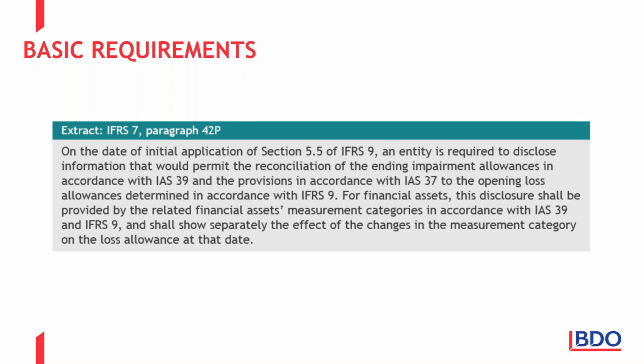So you will generally, if material, have an adjustment because of your allowance change against the opening retained earnings in the current year. This particular disclosure, 42P, is saying, please reconcile last year's allowance or provision with this year's allowance, and then show how it moves through the current year.